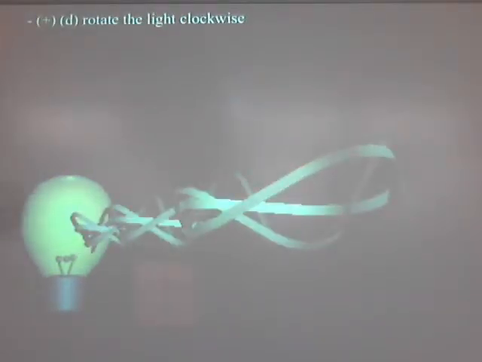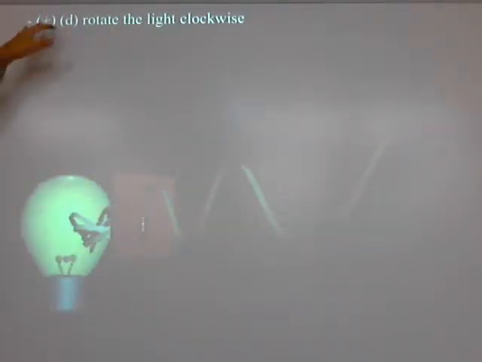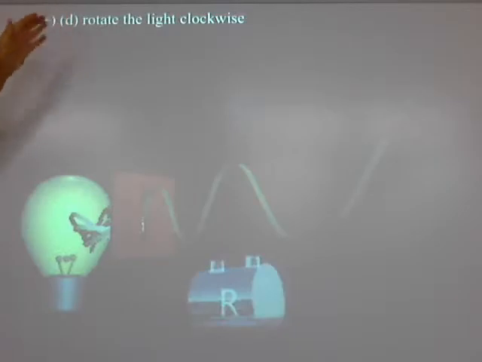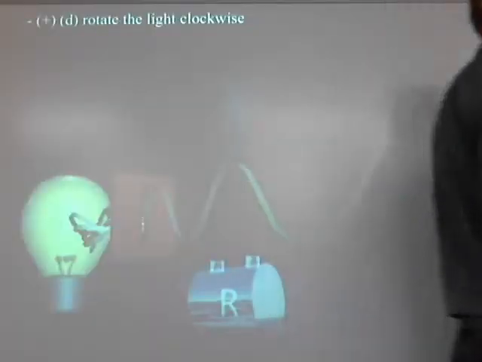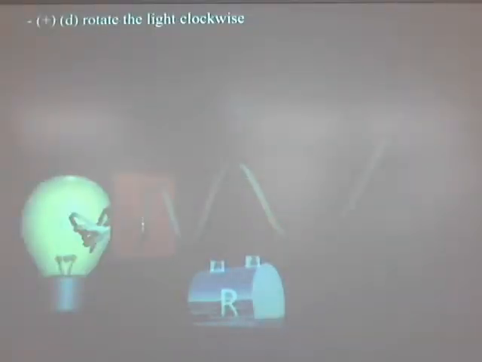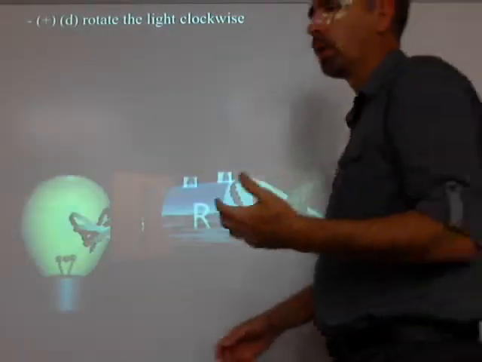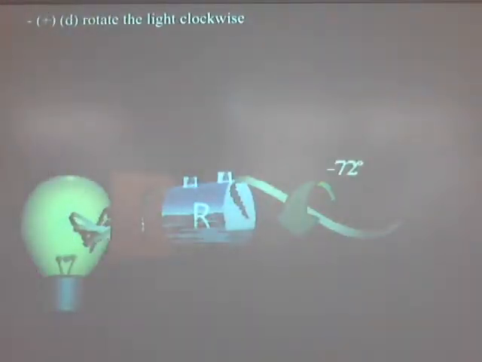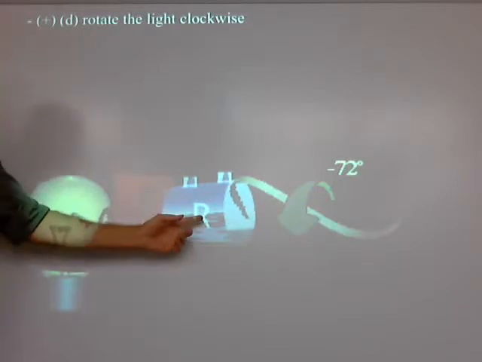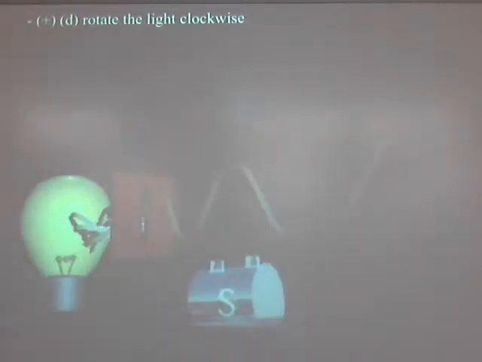Again, there are three different ways we actually name these, which I don't like. But you can either call it plus or positive, D. Those rotate the light clockwise. If you pass it through the sample and it rotates the light clockwise, you call it D or plus. Notice this one's calling the one that rotates the light clockwise R. That's not necessarily true.